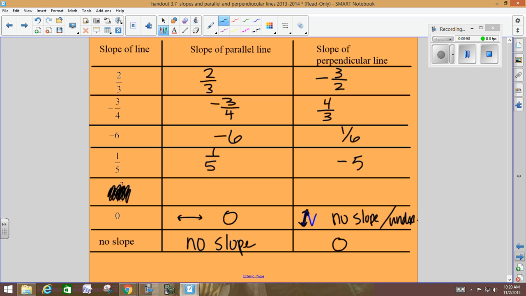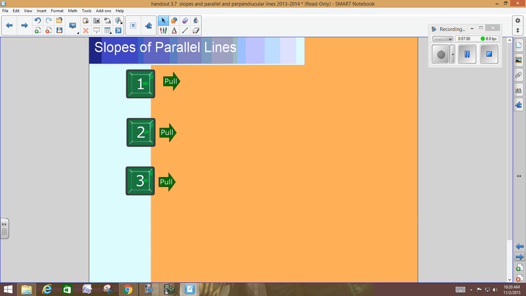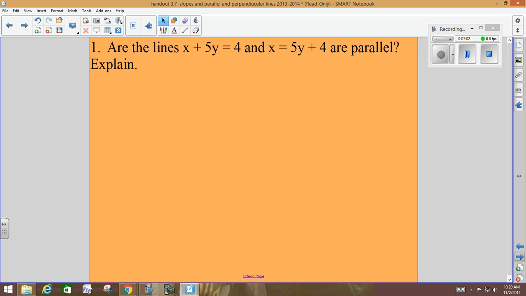Okay, let's put this into play now. Number 1, are the lines x plus 5y equals 4 and x equals -5y plus 4 parallel?